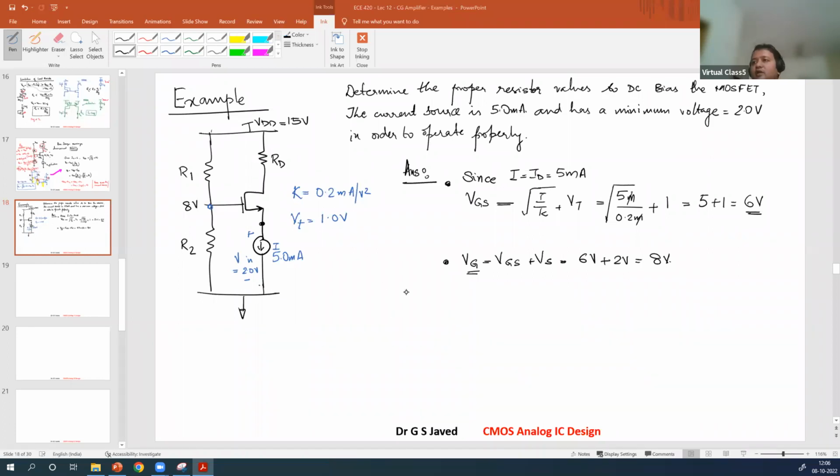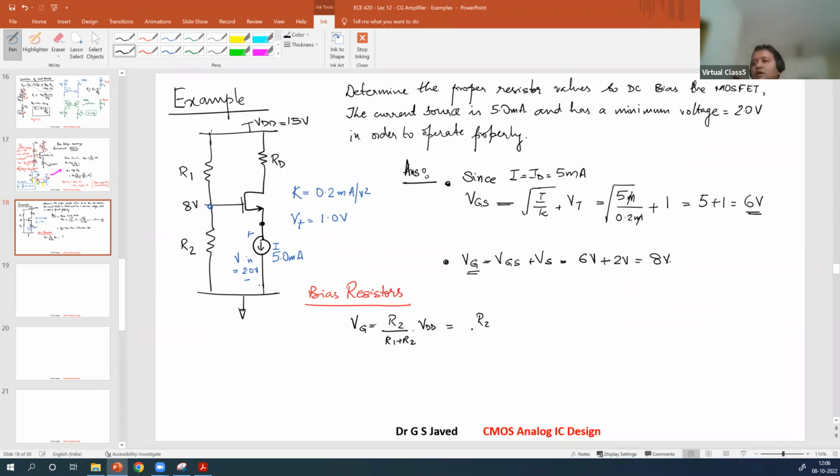How do you find the value of resistors? We will call them bias resistors. So we can find the bias resistor. VG is equal to R2 by R1 plus R2 times VDD. Right? Now that is given as 8 volt.